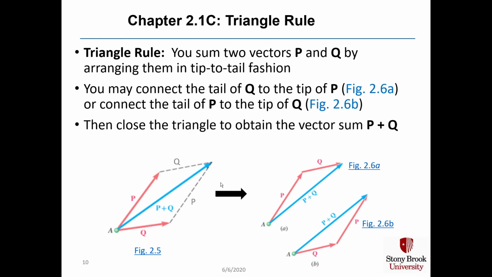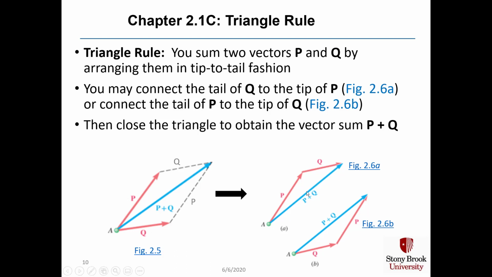The triangle rule says you can sum two vectors P and Q by arranging them in a tip-to-tail fashion. You may connect the tail of Q to the tip of P, as shown here in figure 2.6a. So there is the tail of Q, there's the tip of P, and we move Q from where it started here at point A, and we move it such that it starts at the tip of P and goes for its length.